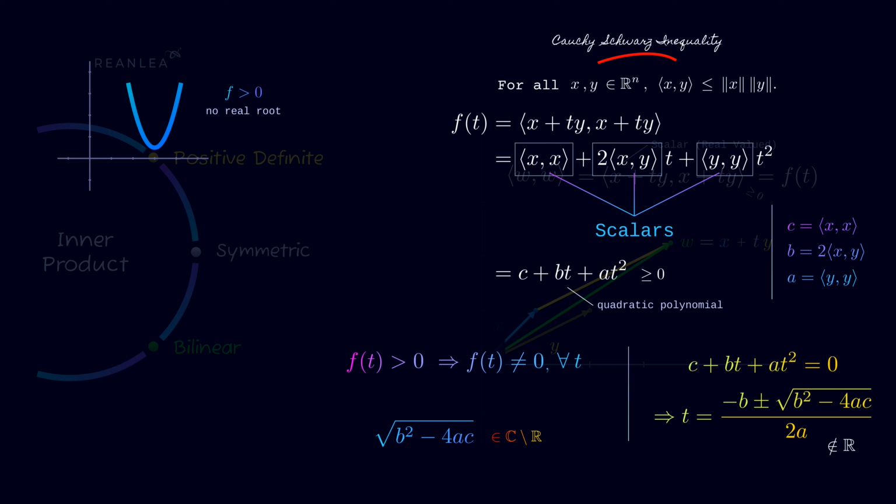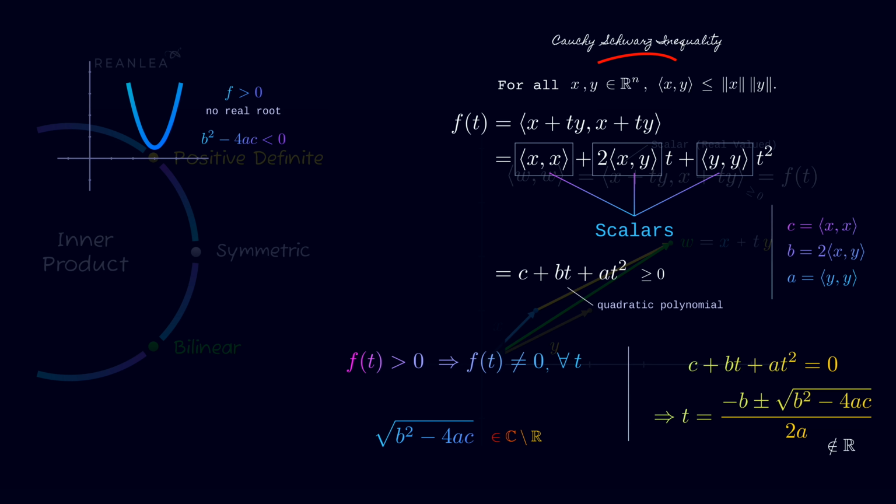That's why, in this case, t is not a real number. That is, the polynomial will not have any real roots. Lastly, since this plotted quadratic polynomial f(t) is greater than 0 for all t, therefore b squared minus 4ac is less than 0.